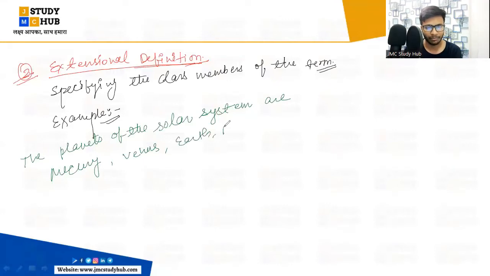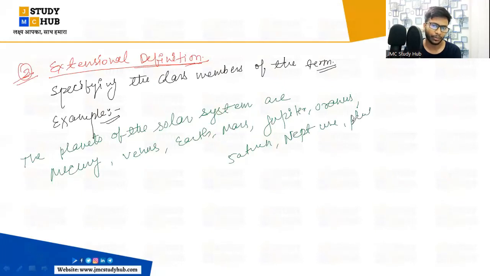Earth, Mars, Jupiter, yes. Uranus, Saturn, yes, very good. Neptune and Pluto, right?